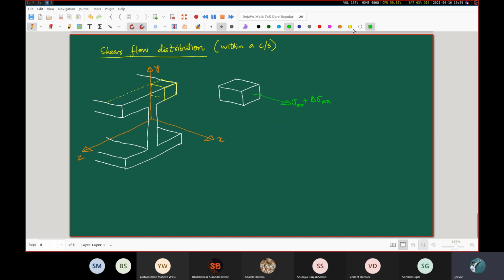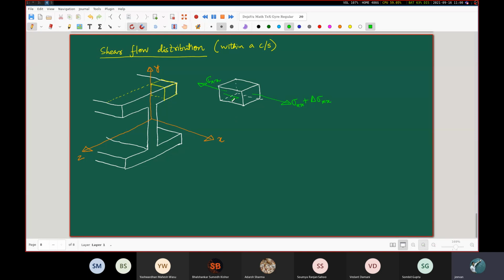So just wait until you see what I obtain at the end. On this back face, I'm going to have this sigma xx. Because there is a discrepancy between this sigma xx and the sigma xx plus delta sigma xx, that discrepancy is going to be adjusted by another horizontal force which is associated with this shear stress.